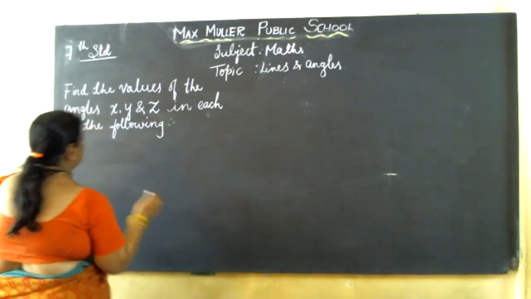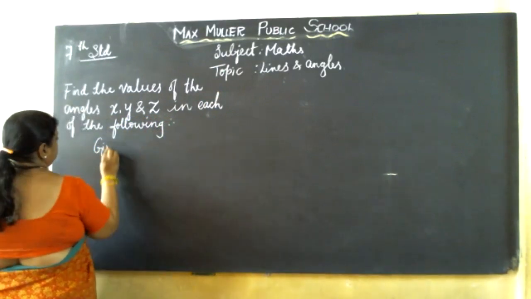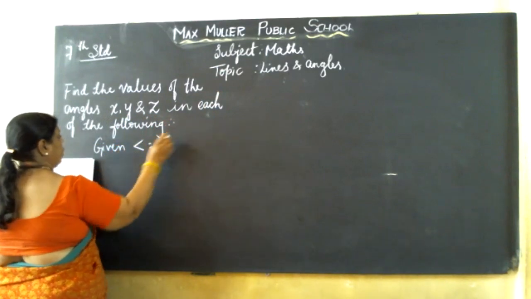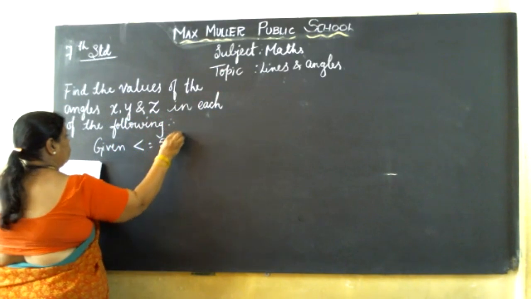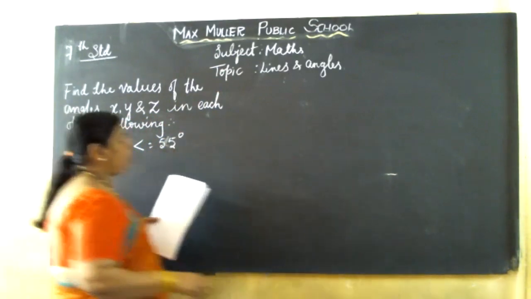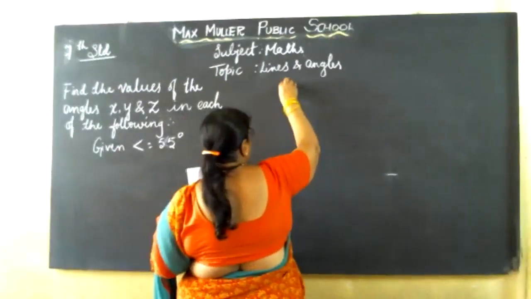Given is 55 degrees. One angle will be, 4 angles will be there. One angle will be 55 degree.